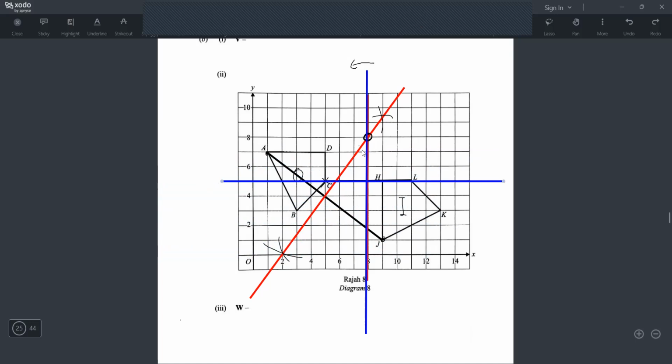And this one will be 9. Wait, where is it? 9, 5. Is it here? Yes, right? Okay, did I do 9, 5 correctly? This one is 9, 5. Yeah, correct. So this is my new center of rotation. And guess what? The direction is also the same as before, anti-clockwise.